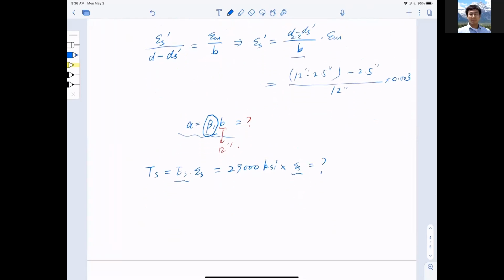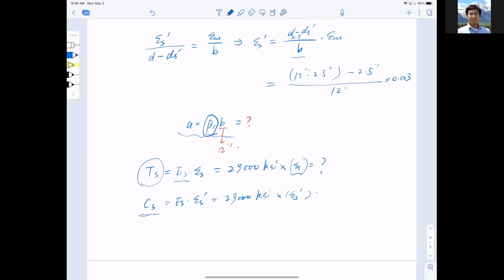Now, you know that at this point, my real tension is in terms of compression, right? My tension is in terms of compression, because this epsilon s will have a negative sign in front of it. Okay. Now the compression force Cs in steel would be Es multiplied by epsilon s prime, which is 29,000 KSI again, multiplied by epsilon s prime.